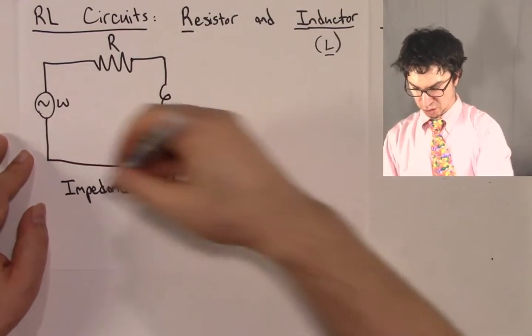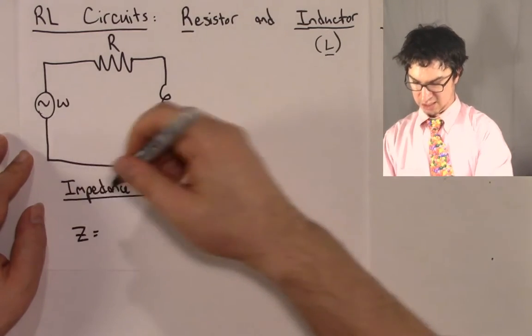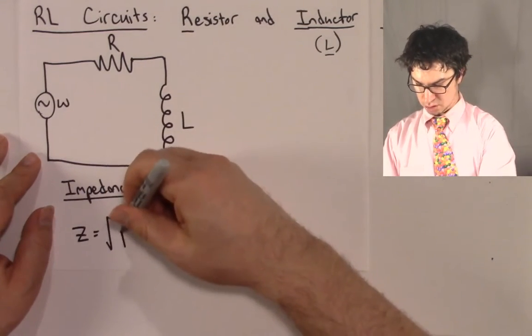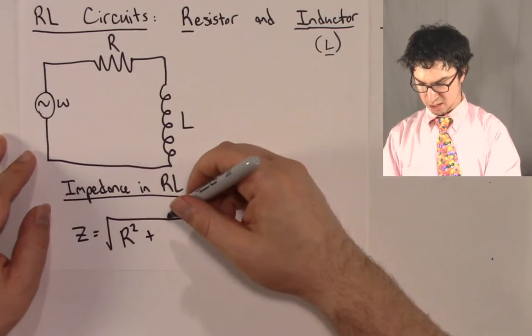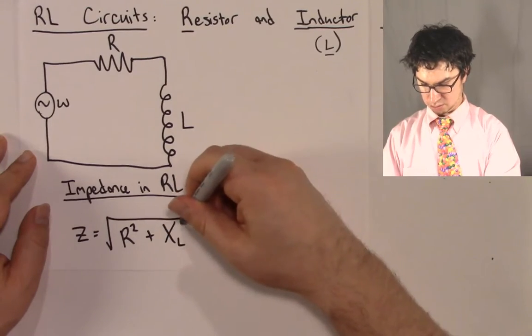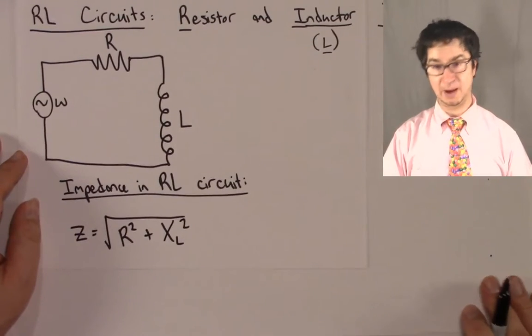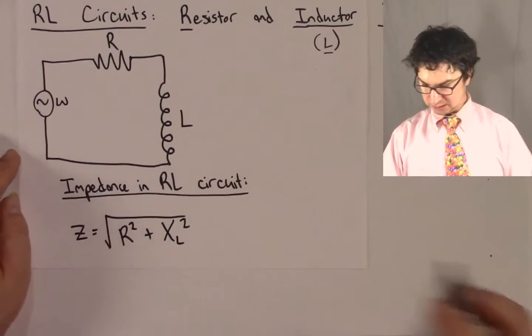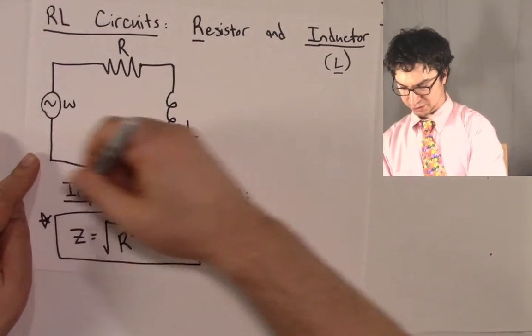The impedance in an RL circuit is going to be Z equals the square root of R squared plus the inductive reactance, X sub L, squared. Same exact pattern that we saw for the capacitor. All right, please put a rectangle around this, and let's star this.